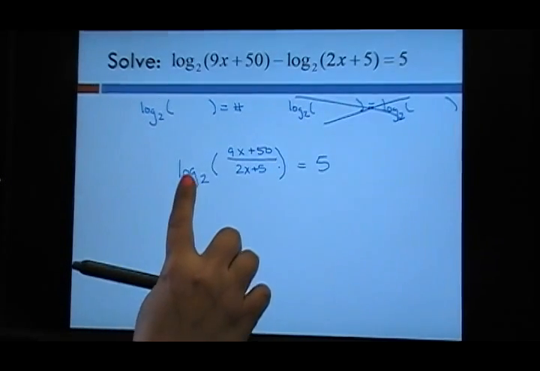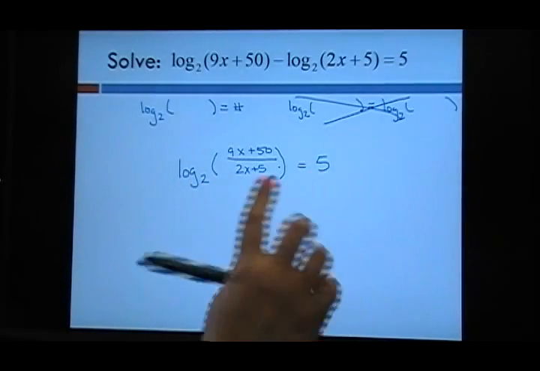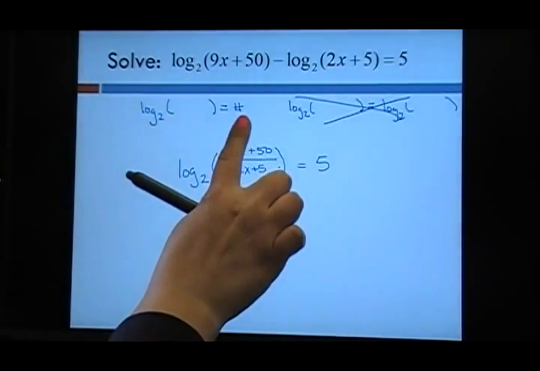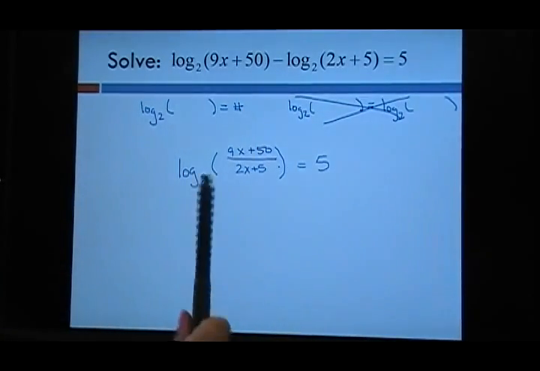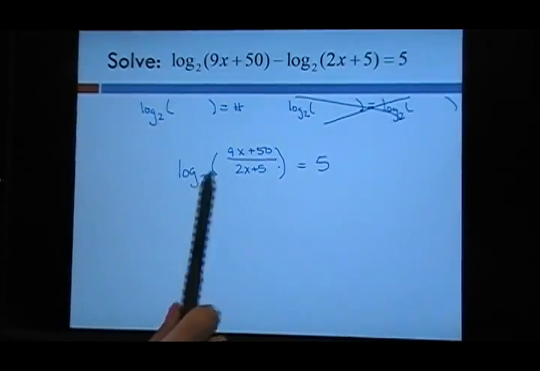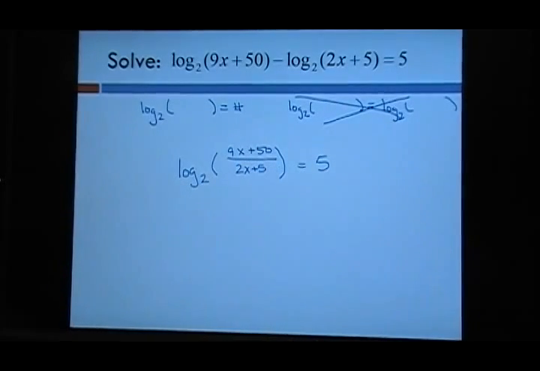And now that I have log base 2 of this equals the number, once you get it into this form, you're always then ready to put it into exponential. So it must be that 2 to the 5th power is equal to this argument here.